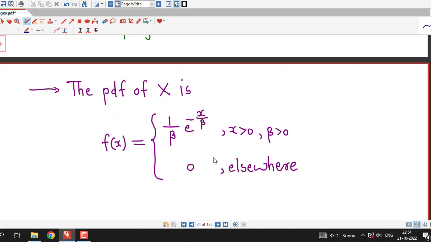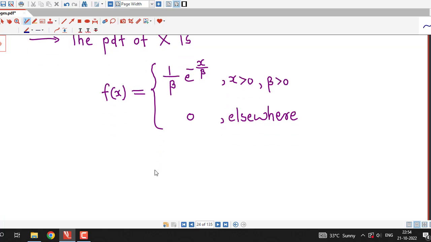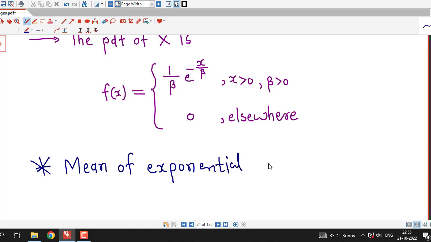So I have again written this PDF of x, and first I try to find the expected value of an exponential random variable, the mean of exponential distribution.